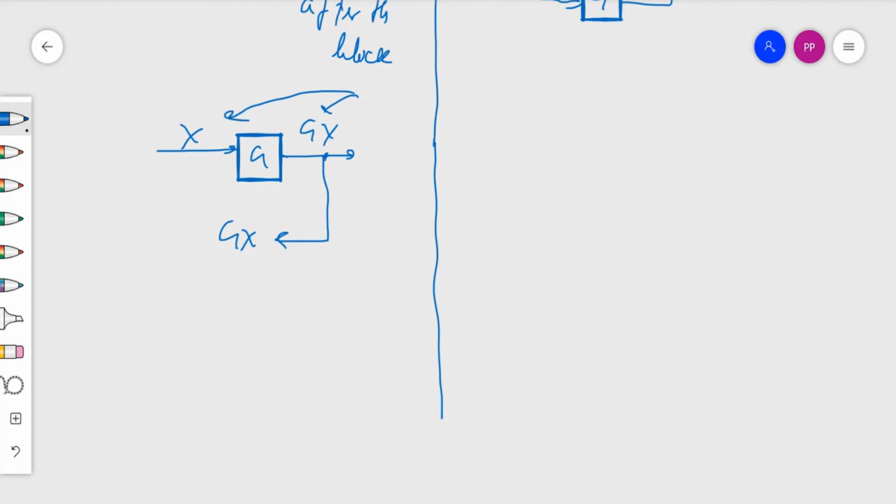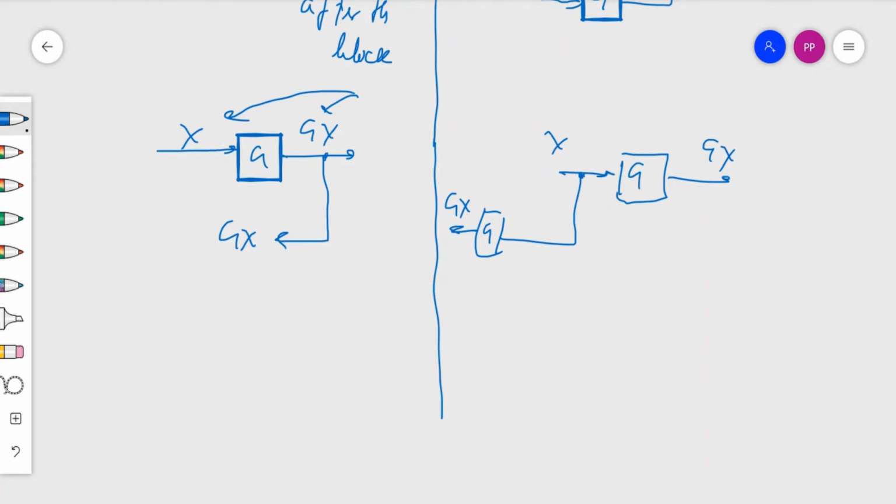So what will be the effect? Because I am shifting the takeoff point, the information of G will not be incorporated, so I have to incorporate the information of G separately. Here I have X, here I have Gx, but this takeoff point is going here, so the information of G will be lost, so I have to give a block of G, then I can take Gx. So this is how the takeoff point is modified.